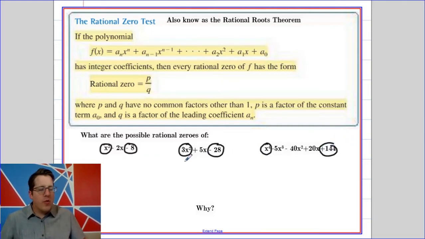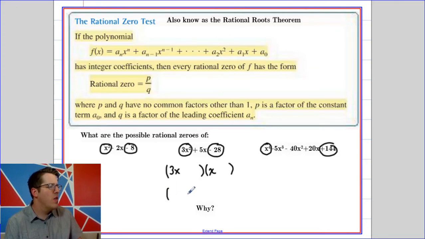So I want to start by looking at this middle one. If this were to factor, it would factor something like this. It'd have a 3x in front and an x in front.